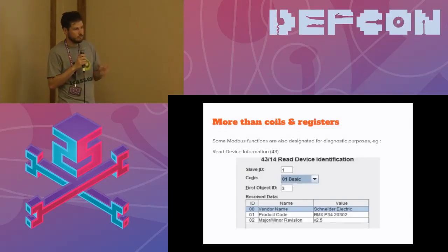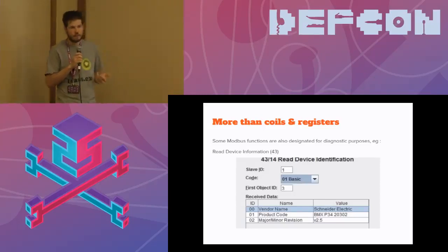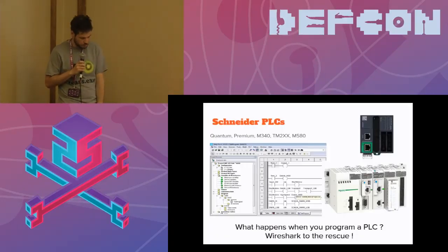For example, there are some basic diagnostic functions built in, like the function read device information. That's a screenshot of this kind of request to this PLC, which is a Schneider M340. As you can see, we can know the fact that it's a Schneider Electric PLC and also get the detailed hardware information, so BMX P34. So that's interesting, but there are other kinds of Modbus function codes that are used and not part of the standard. So we will focus on the Schneider PLC.